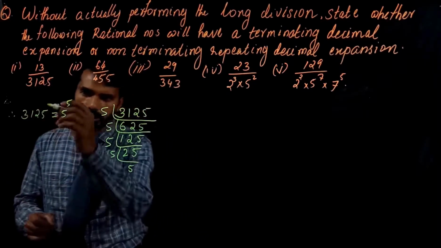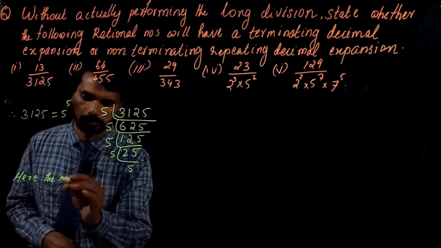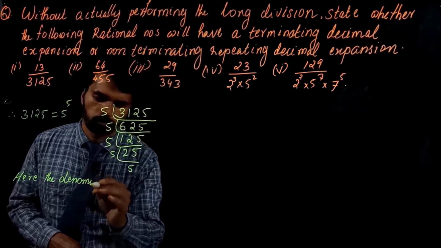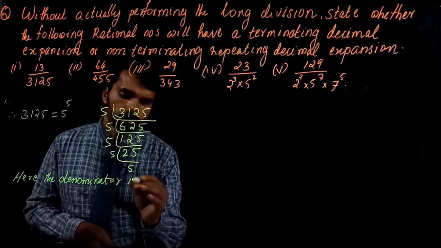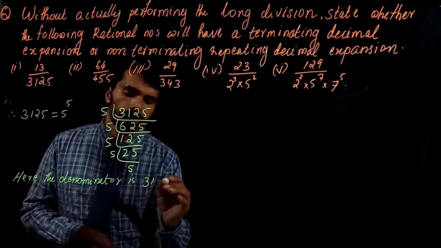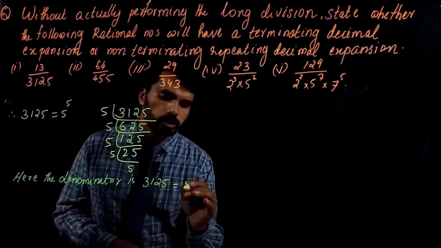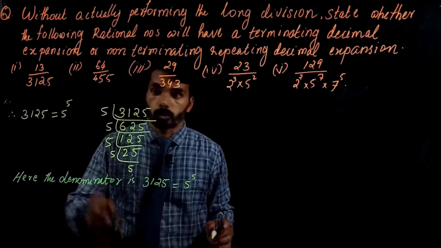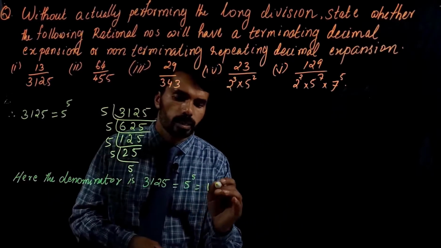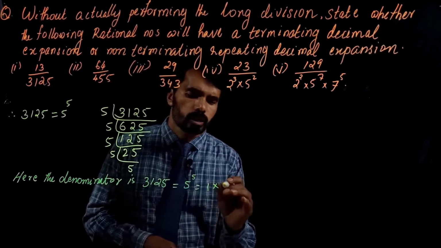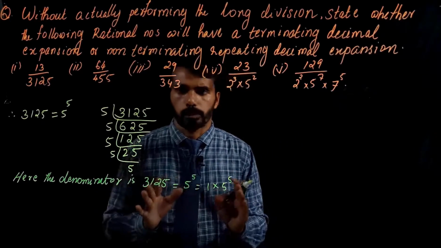So here the denominator is 3125, which is equal to 5 raised to 5. Now this 5 raised to 5 can be written as 1 into 5 raised to 5, since multiplying any number by 1 gives the same product.